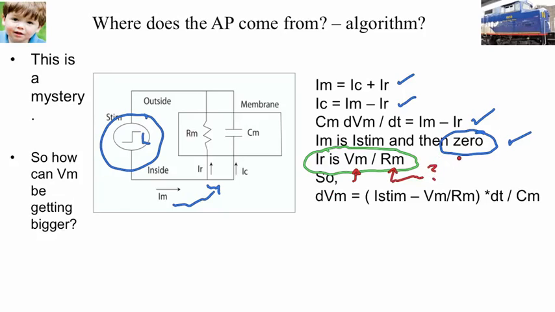The value that we're putting in for Rm is the value we had at the beginning of the simulation, the value for passive tissue. This is where things are probably getting into trouble. Rm is probably doing something, and whatever it is doing is really strange. Now think about it this way.